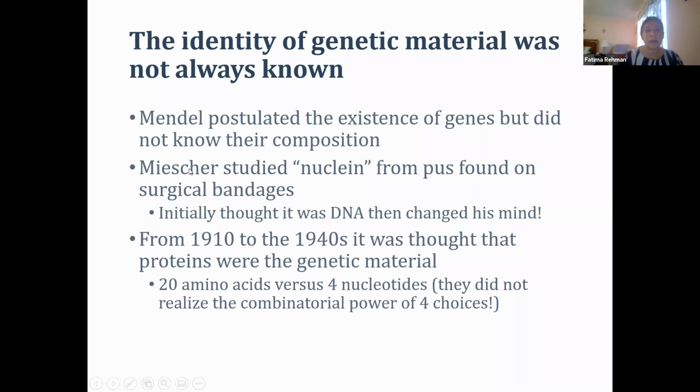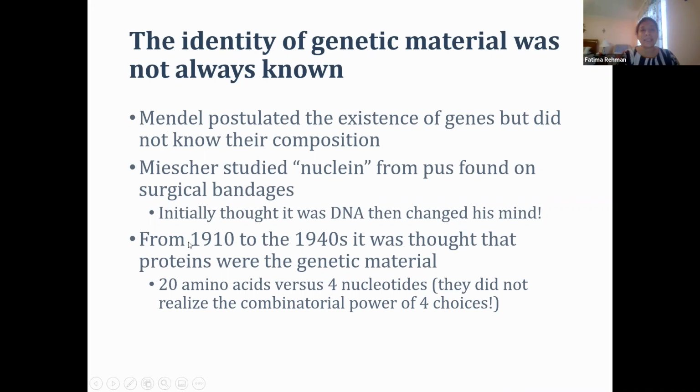Then we had other scientists like Miescher that studied cells or particles that were coming in pus from surgical bandages and considered that those fragments of cells and those nuclein, as he called them, were DNA. But then later on, as he studied them further, he realized that they couldn't have worked as a hereditary material. So he changed his mind.